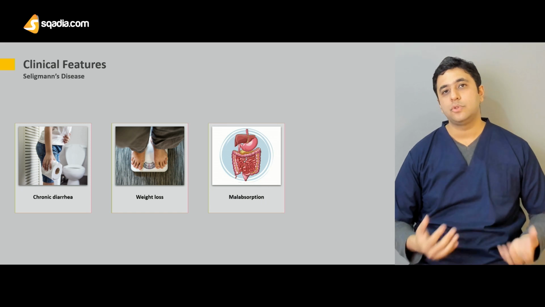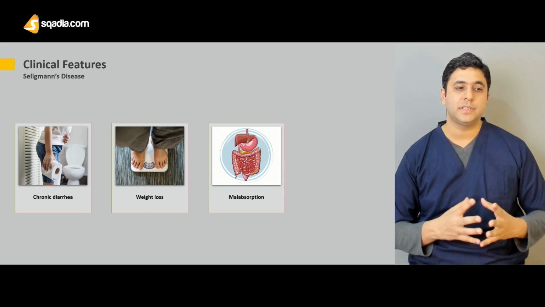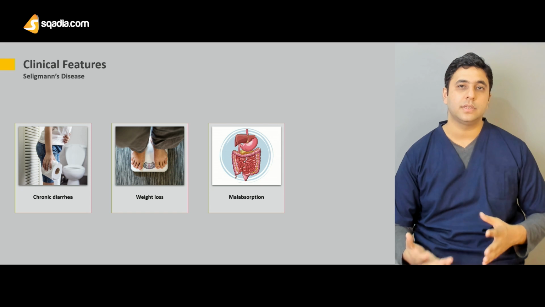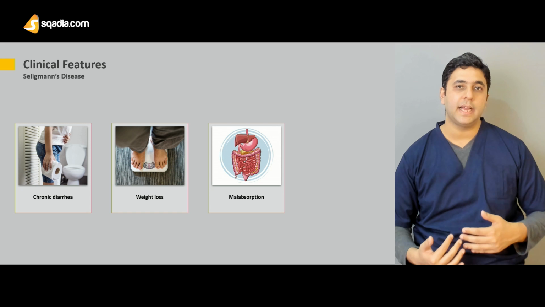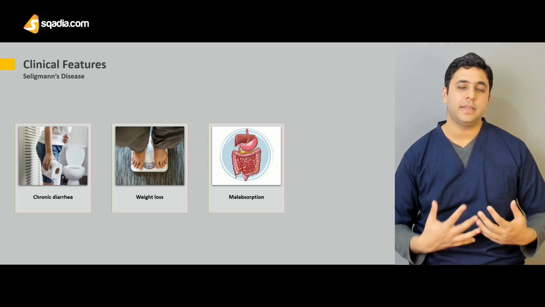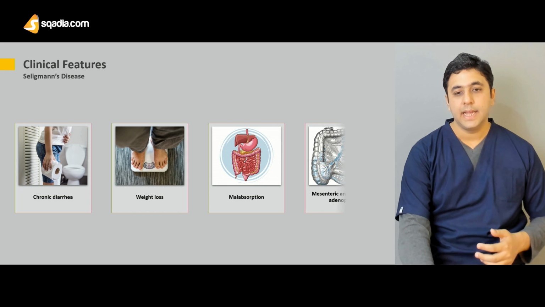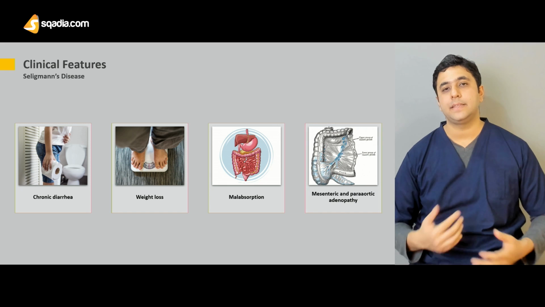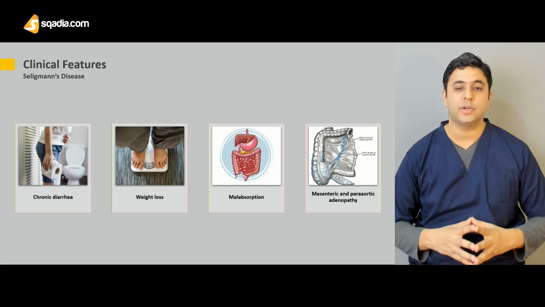Various types of malabsorption syndromes can present in conjunction with the chronic diarrhea, and this also shows us the importance of IgA in malabsorption. Along with that, the IgA presentations in the respiratory tree can lead to various types of infections as well. And finally, we have the adenopathy or lymphoid enlargement, specifically of the mesenteric and the para-aortic lymph nodes.